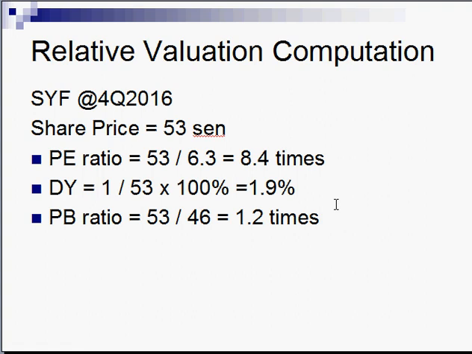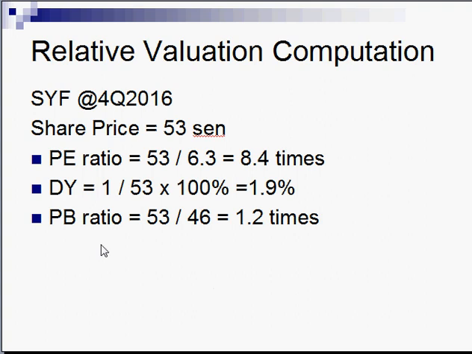And the reason is that this company is conserving its cash to grow the company. SYF could be an example of that, but you can only come to that conclusion if you dig in further and do more analysis.